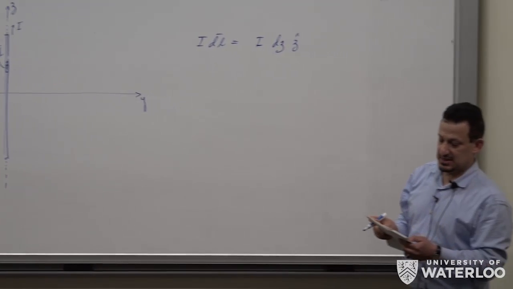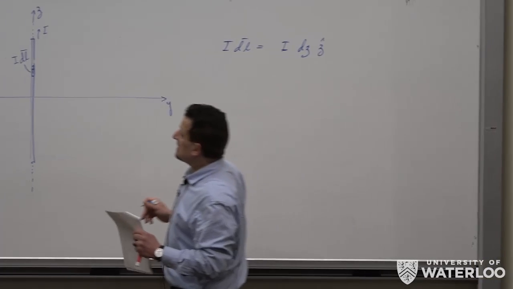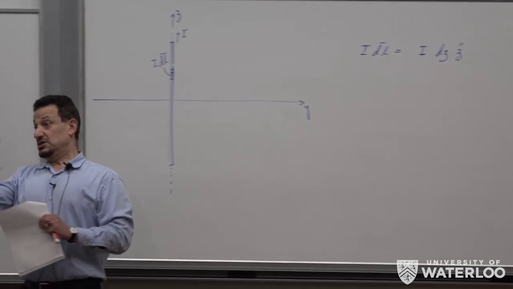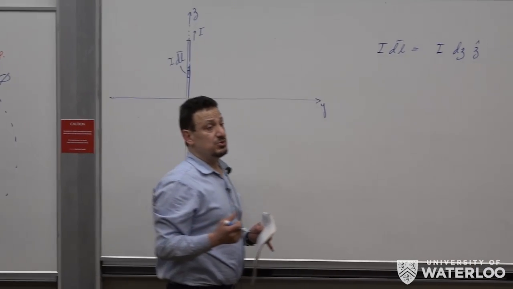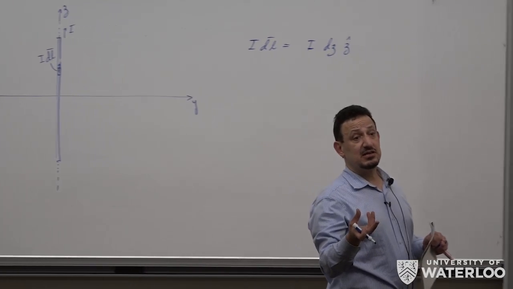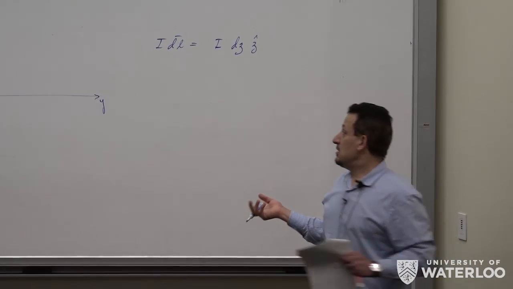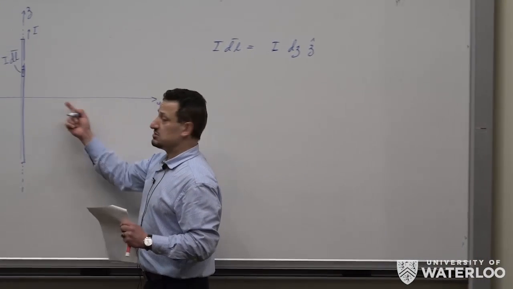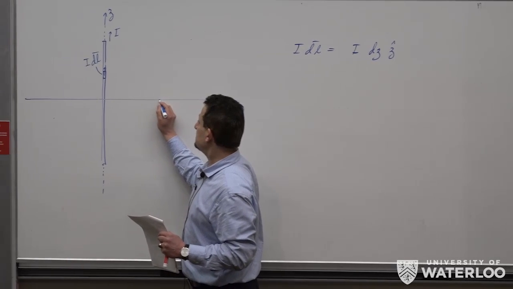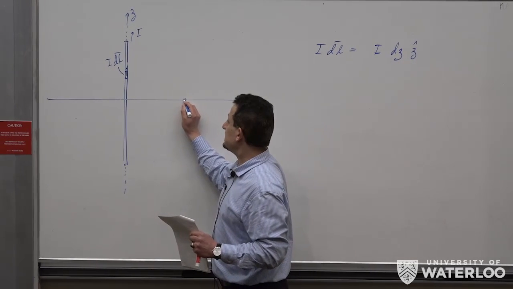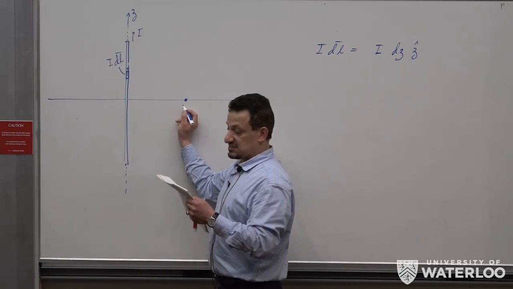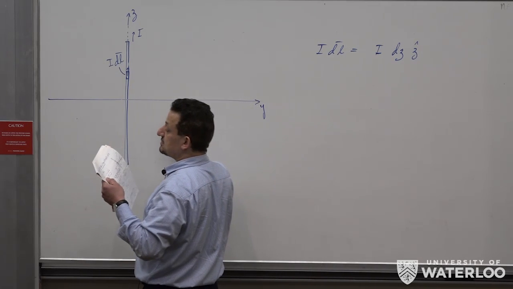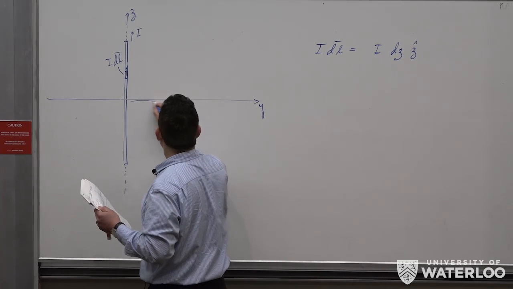That's what IDL is. The next thing is that I need, or you need to ask me, where do you want to find the magnetic field? Where do you want to find it? Well, for this problem, I chose this coordinate system to make my life easy. So I want to find the magnetic field at a distance. Here I use a distance of, well, I'll label it in a second.